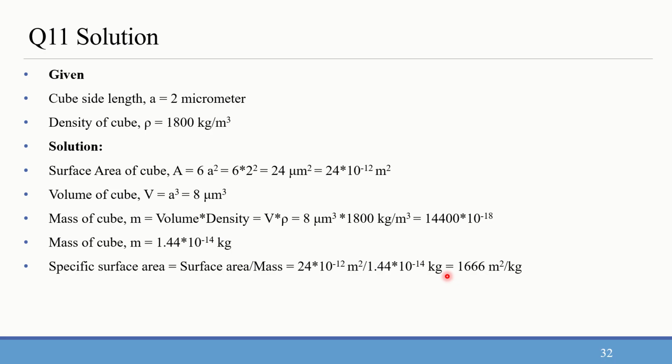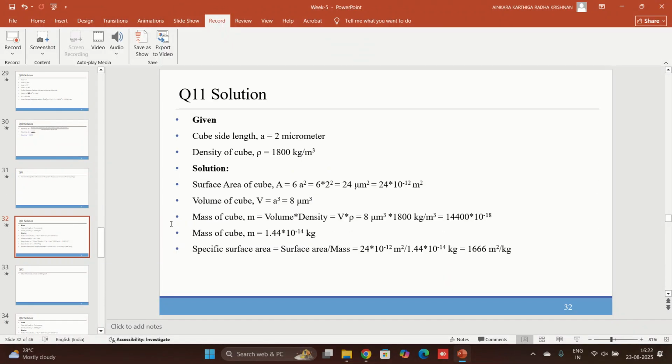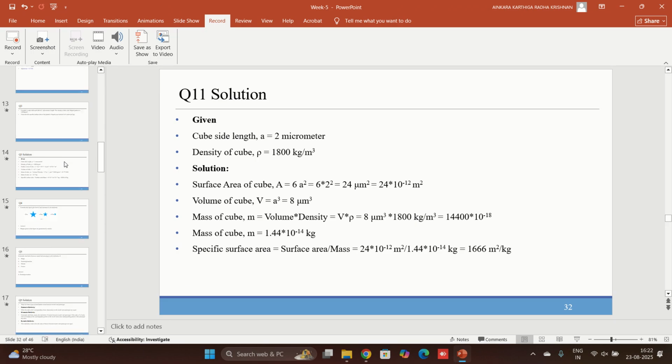I think this is the answer. 24 divided by 1.44 is 16.66, so 16.66 into 10 power 2, that is 1666 meter square per kg. If you remember, there was one problem, the same cube problem, wherein we had 1 micrometer side length.